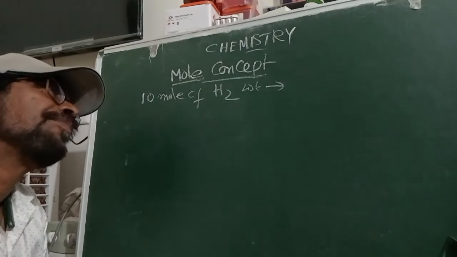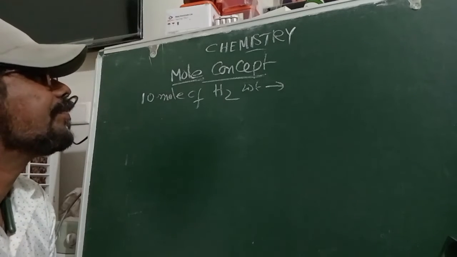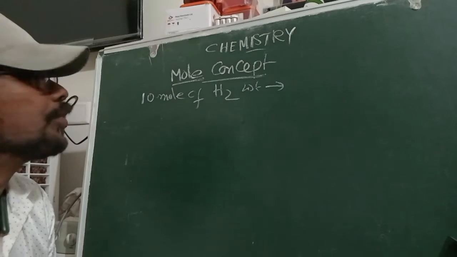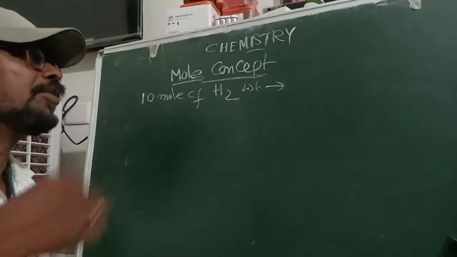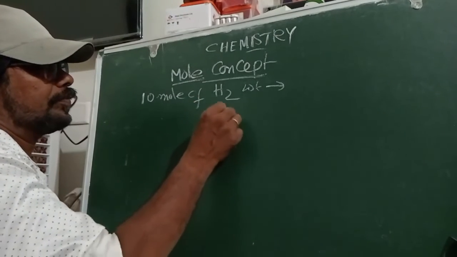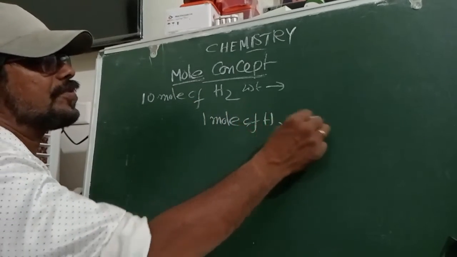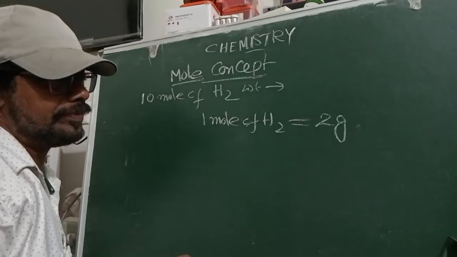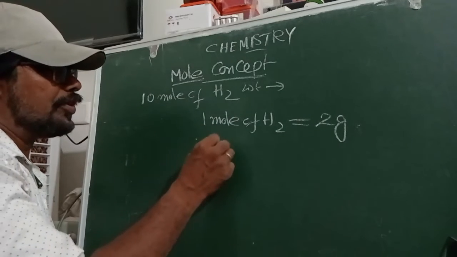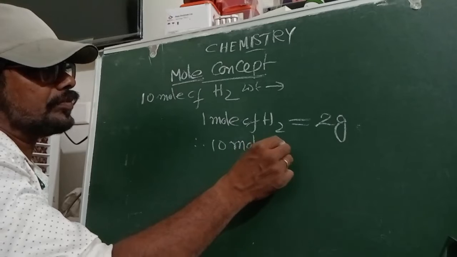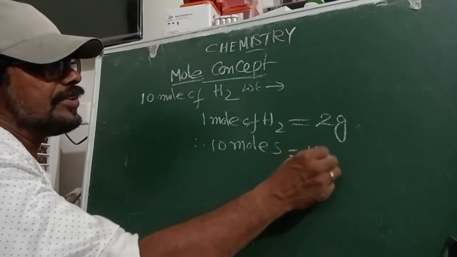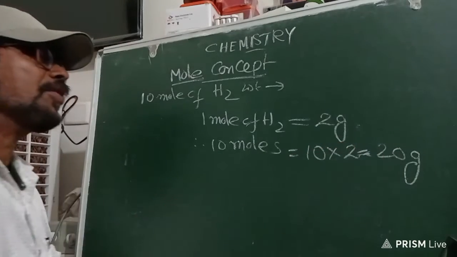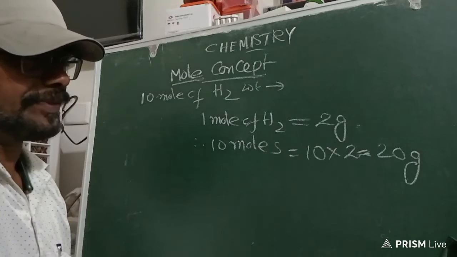Already you know that the molecular weight of hydrogen molecule is 2. It means 1 mole of H2 is equal to 2 grams. Therefore, 10 moles is equal to 10 into 2, 20 grams. 10 moles of H2 means 20 grams.